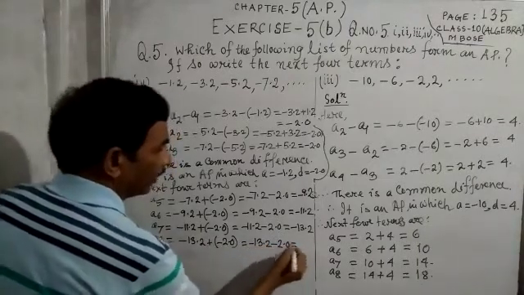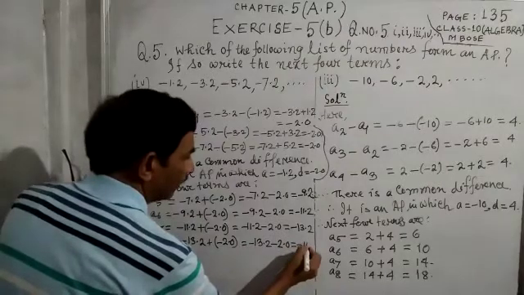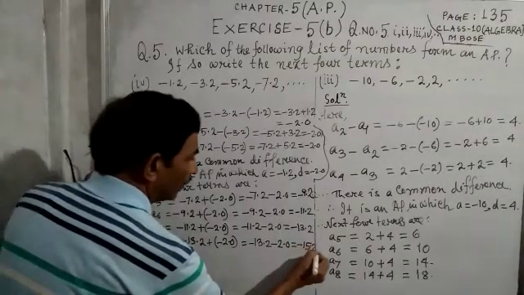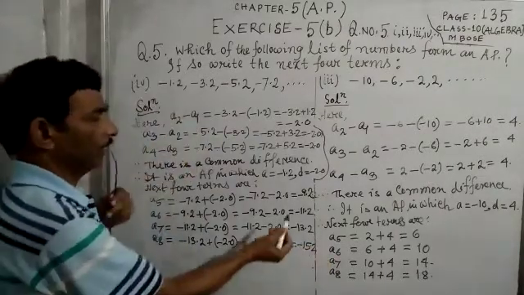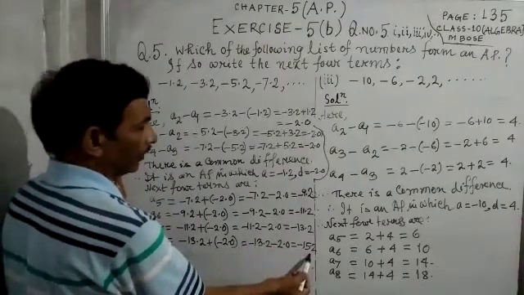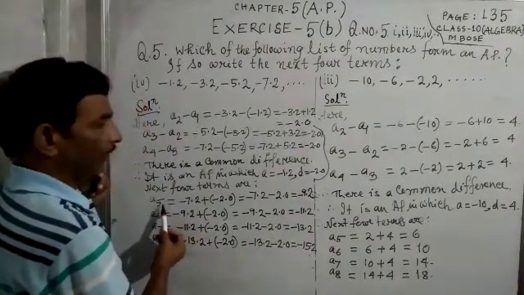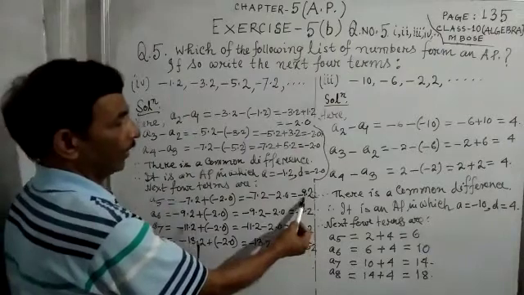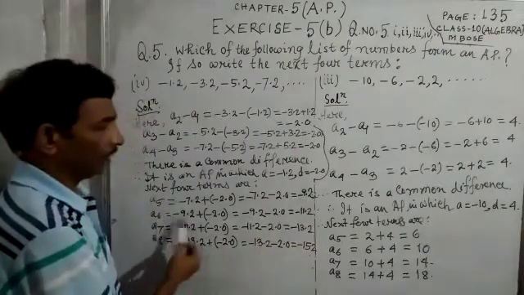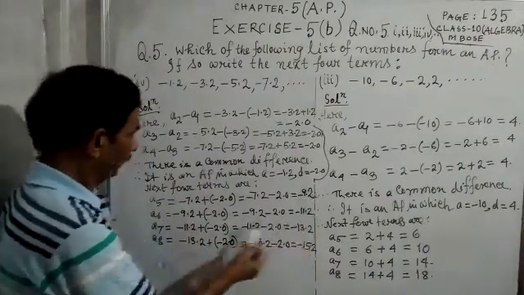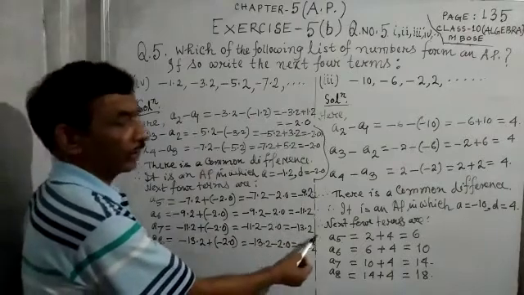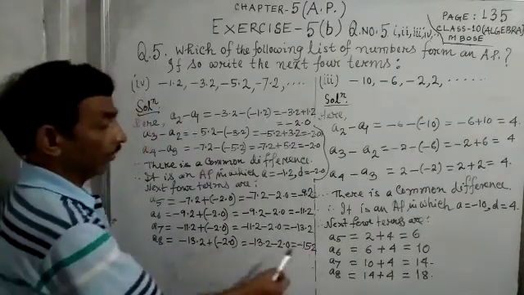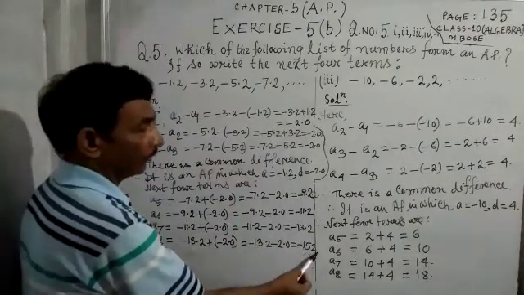So if we add them, minus 15.2. So these are the next 4 terms. We can say A5, that means 5th term, is minus 9.2, 6th term is minus 11.2, 7th term is minus 13.2, and 8th term is minus 15.2.